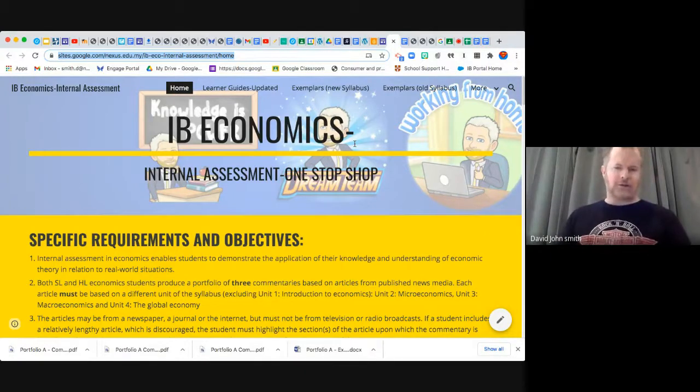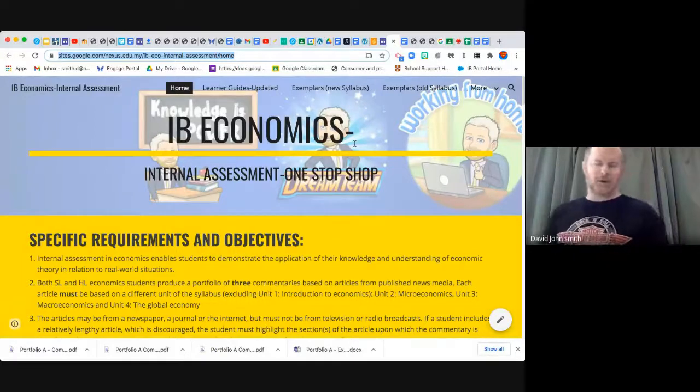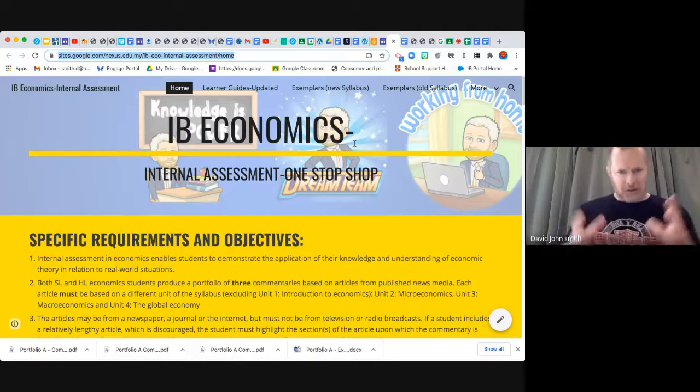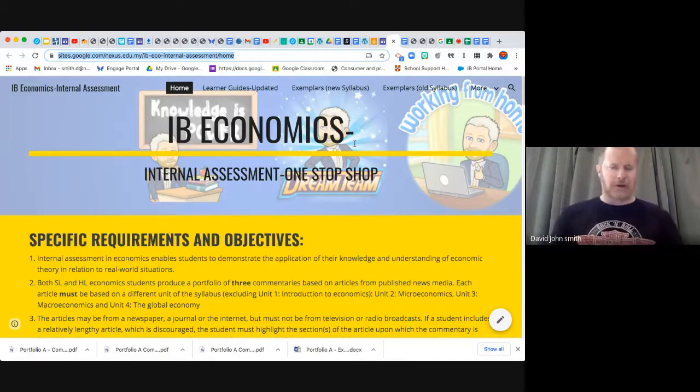I do have a lot of other slides and documents and exemplars, but to be perfectly honest, they're all based on the old syllabus. So I can put them in as well if you feel that there is more needed. But what I've got at the moment, I think is quite streamlined and quite useful and hopefully easy to work your way around. I don't know if you've already had a look at the particular title.